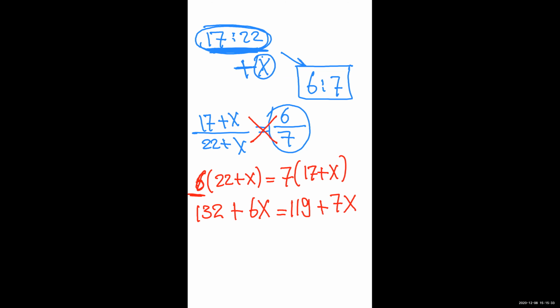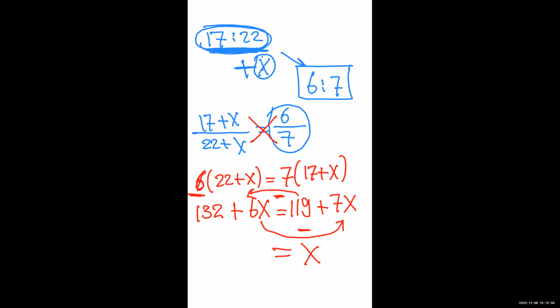Okay, now I want to get x on one side and the number on a different side. So I will move 6x here with a negative sign. So 7x minus 6x will be only x, equals, and the 119 goes to this side with a negative also, because it's positive.